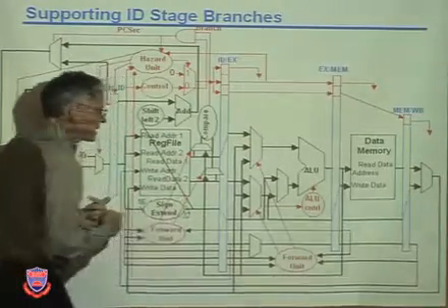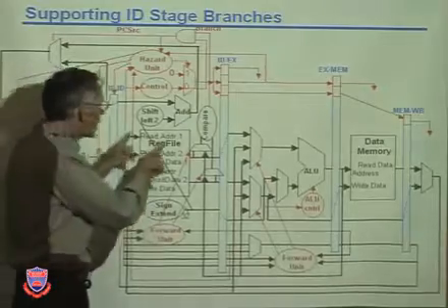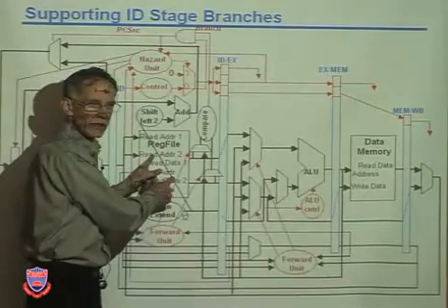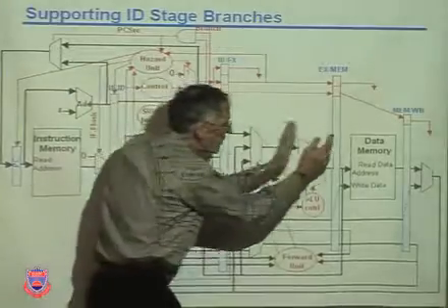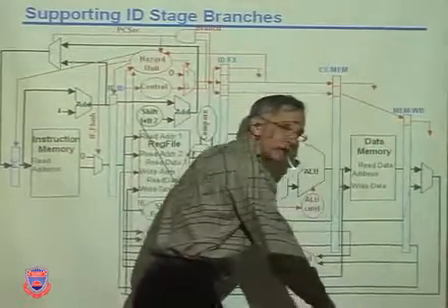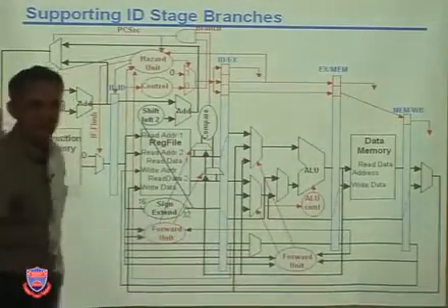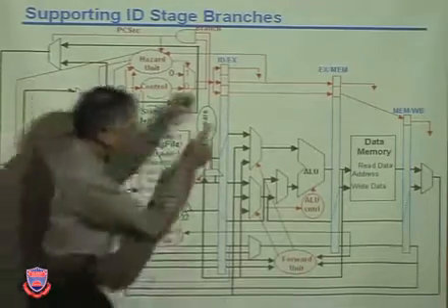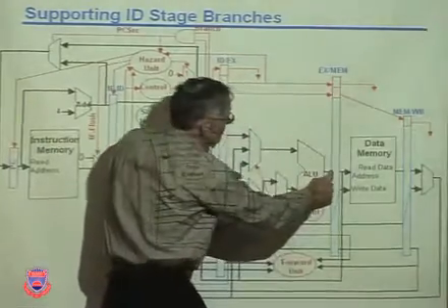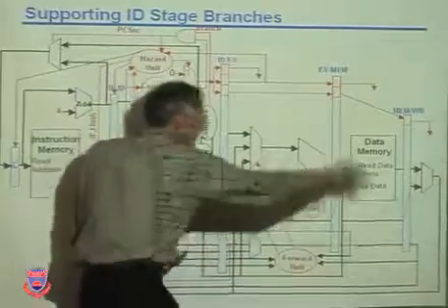Because what we need is to get the current value of the two registers, and that means the most recent value, which might be coming from this pipeline register or this pipeline register, back to here. Remember that? The data here isn't guaranteed to be the latest. We just changed the register value, but it's not back here yet, so you have to forward it.